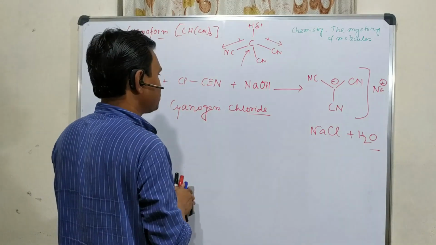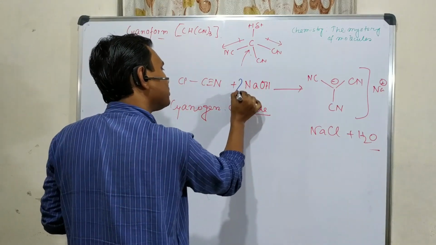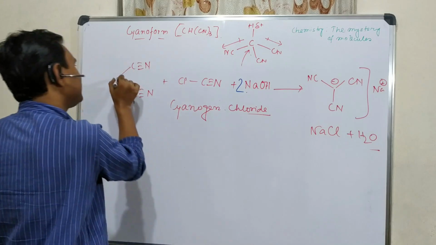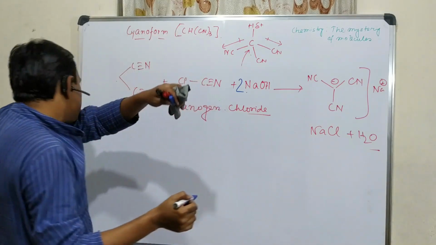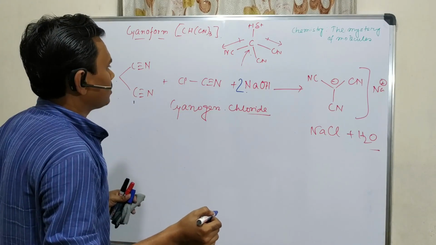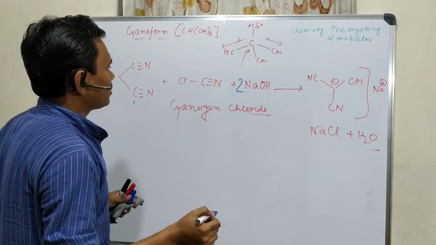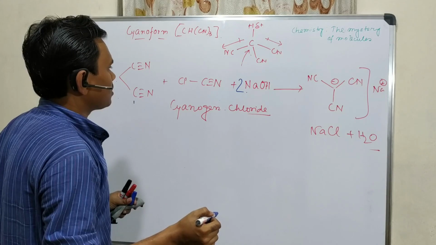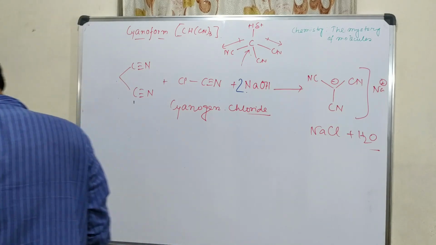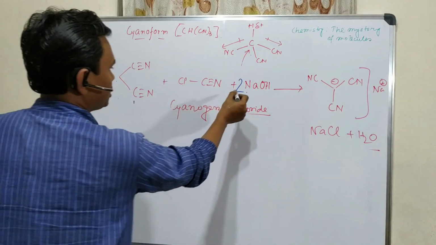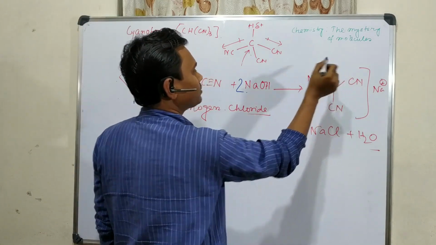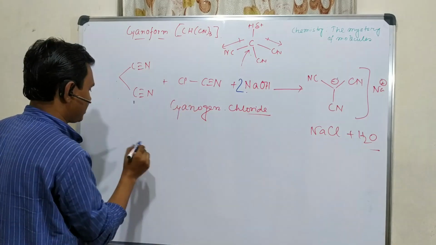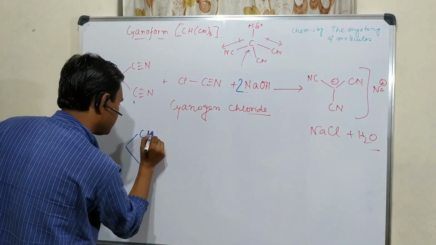Actually I should mention here, it's two equivalents of sodium hydroxide. First equivalent is needed for this deprotonation, and the second equivalent is needed for deprotonation here. I made a mistake. Sorry, that's why I am confused.